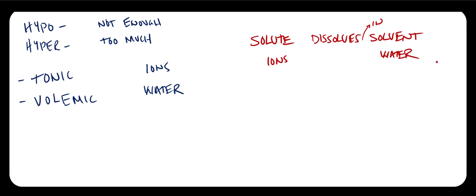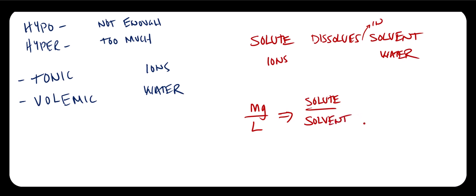So let's talk a second about a concentration, and it's kind of a convention thing. If I'm talking about a concentration, it might be parts per million, milligrams per liter, whatever. So let's use milligrams per liter. We're putting how many milligrams of solute in how many liters of solvent.